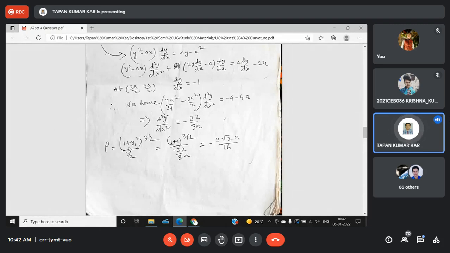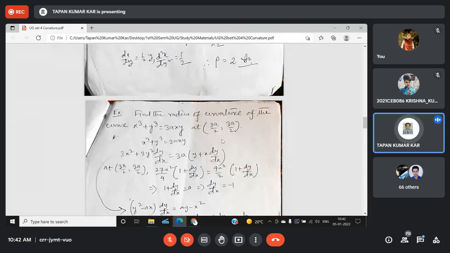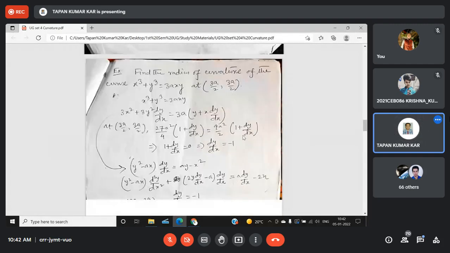So the formula is rho equal to (1 plus y1 square) whole to the power 3 by 2 by y2. As I told you, radius of curvature cannot be negative, it is a length. So you will write that radius of curvature is 3 root 2 by 16 into a. But you have to find the first derivative and the second derivative at the point (3a by 2, 3a by 2), and then use this formula.